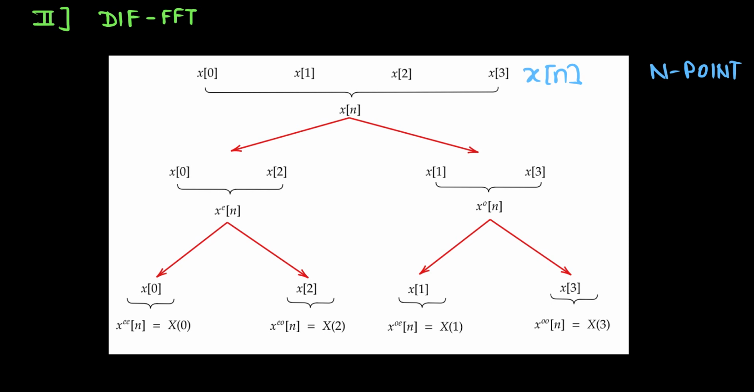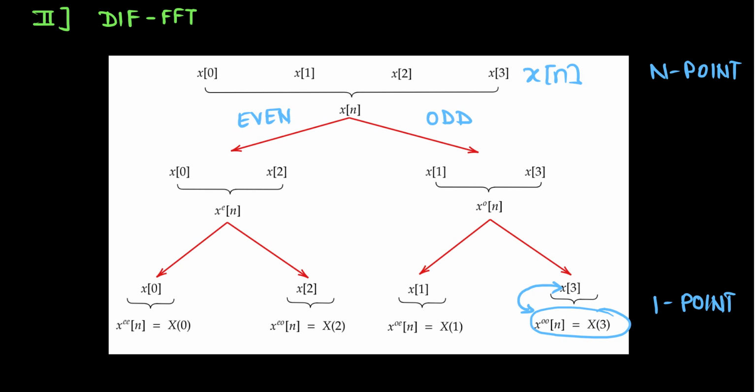Then we go on splitting them further in the even and odd part, and we go on splitting it till we get a single point DFT. So again we have here a single point, and the DFT of this single point is that point itself.